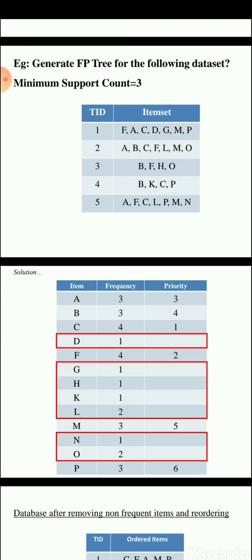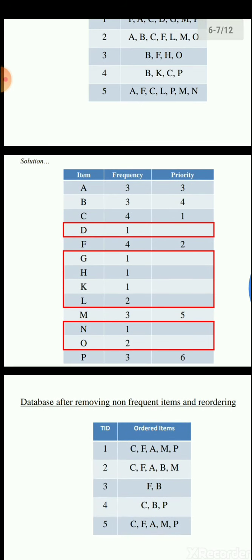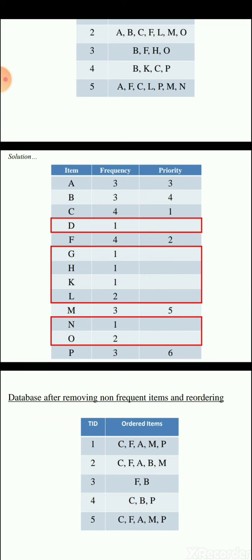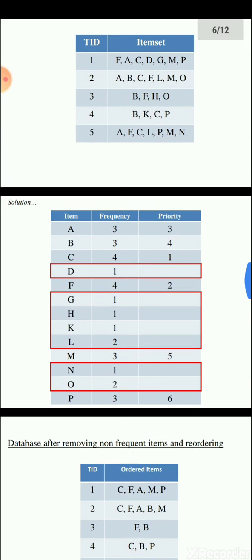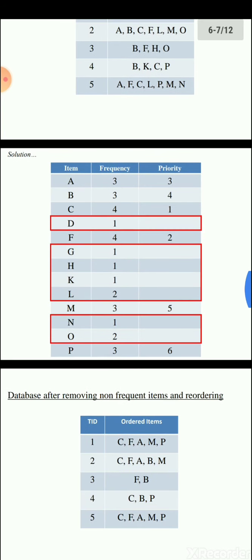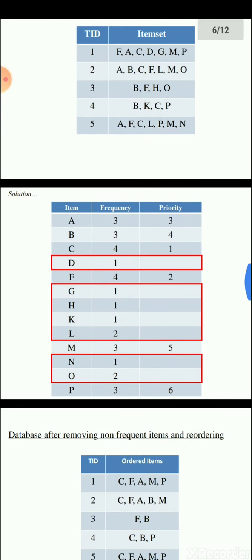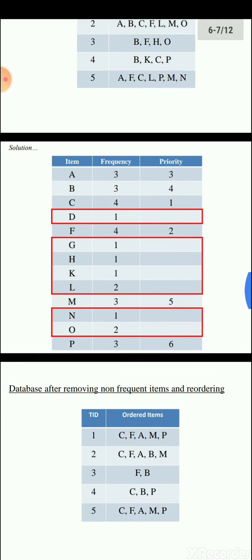According to the frequency of each item, we give the priority. Here the frequency count is 1, less than the minimum support count, so those items are deleted. Then according to the priority, the database is arranged. So the database, after removing non-frequent items and reordering, will look like this.